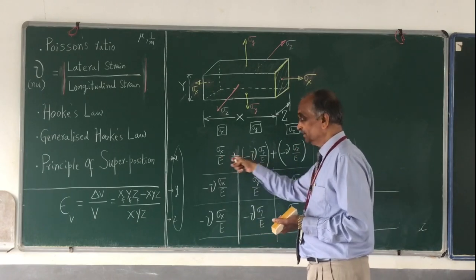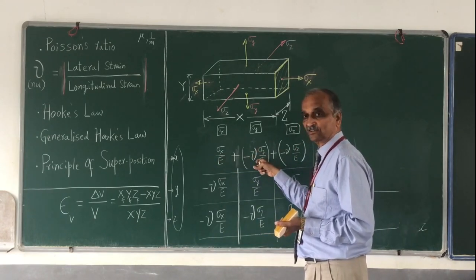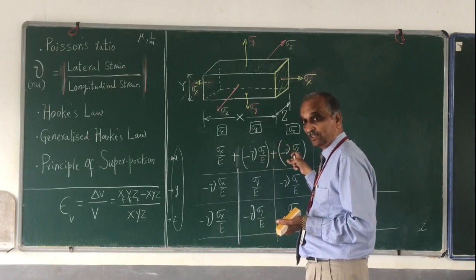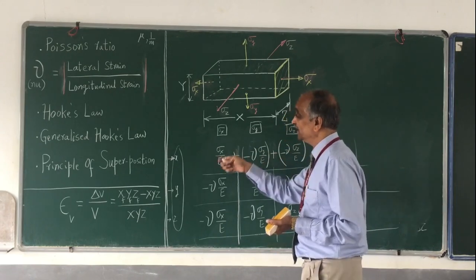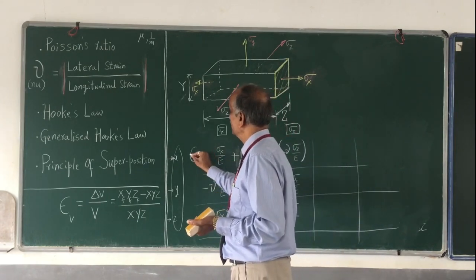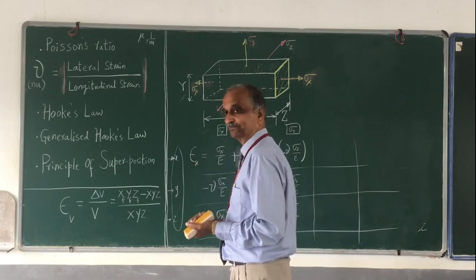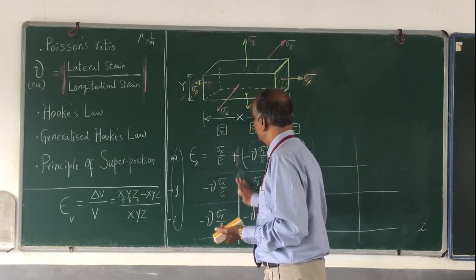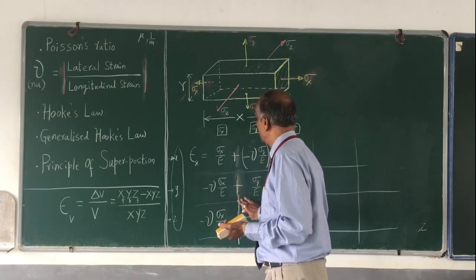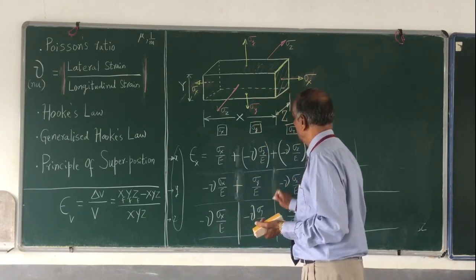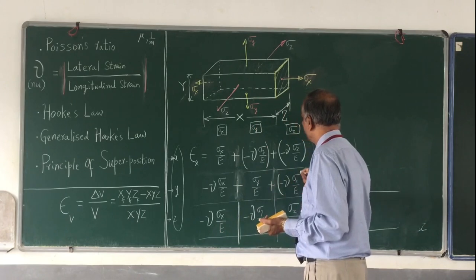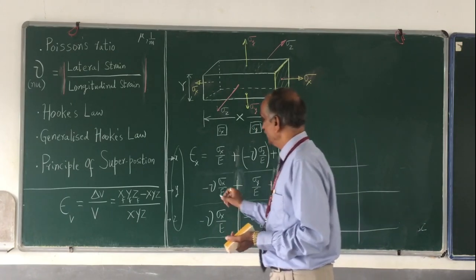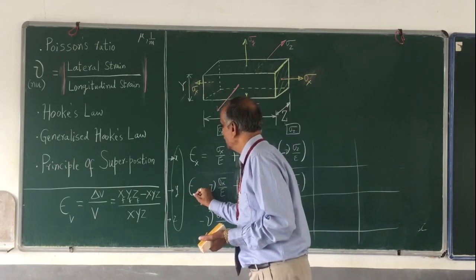If I do that, this is the strain due to sigma x, this is the strain due to sigma y, this is the strain due to sigma z in the x direction. What is this? This is nothing but epsilon x. Similarly, to get the strain, this plus this, and what is this? This is epsilon y.